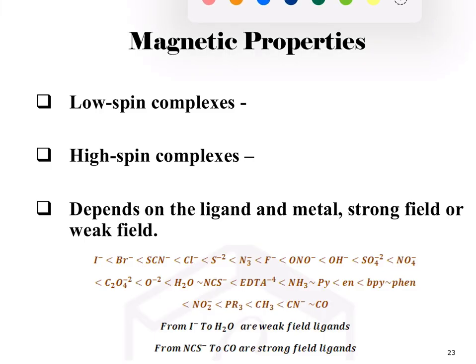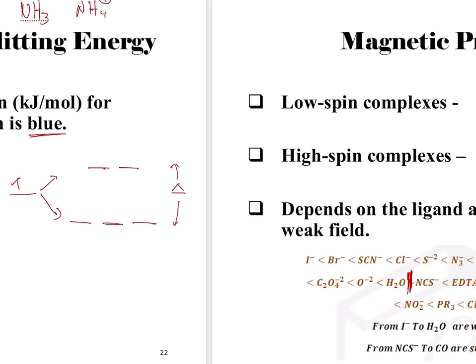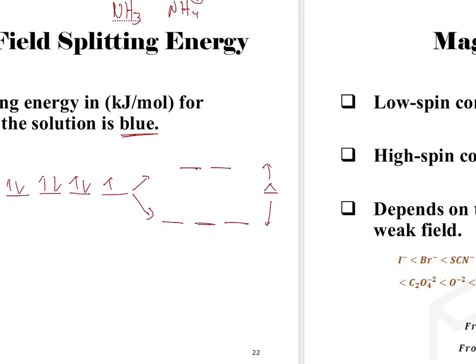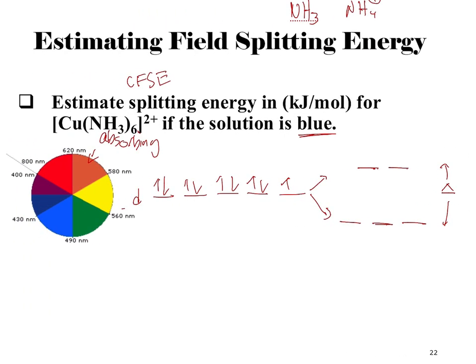So this is the split between strong and weak field ligands. So since it's a strong field ligand, and this is the magnetic properties we'll talk about in a second, NH3 equals strong field, which means delta is large.